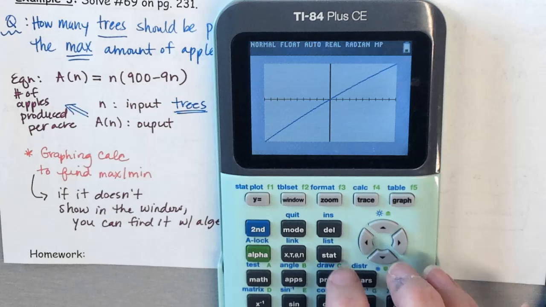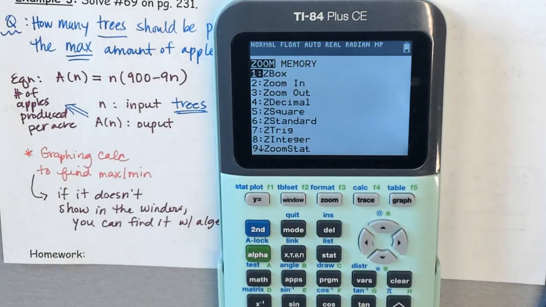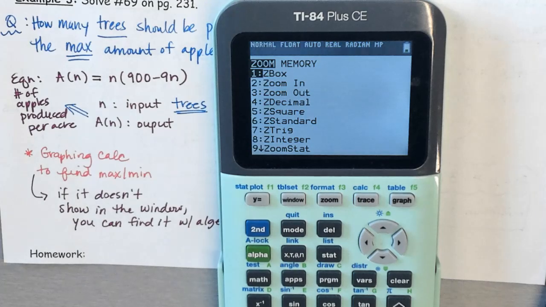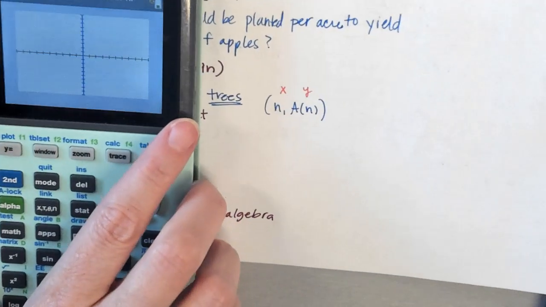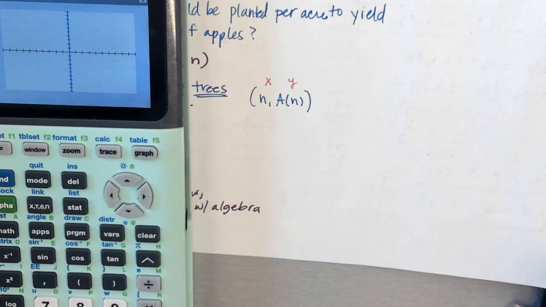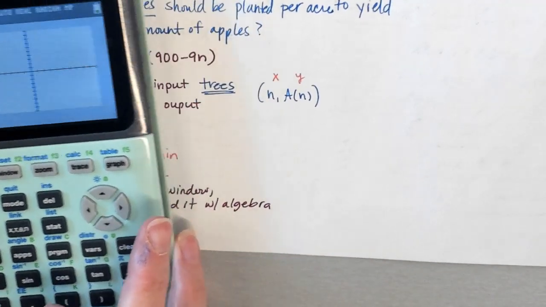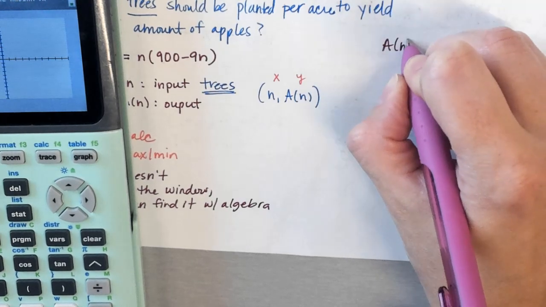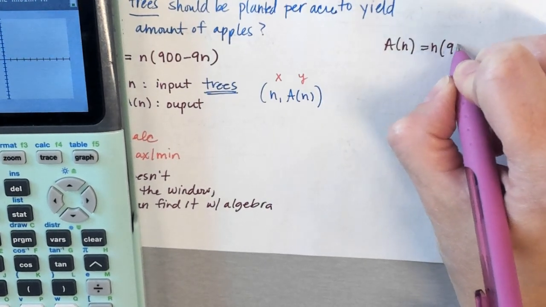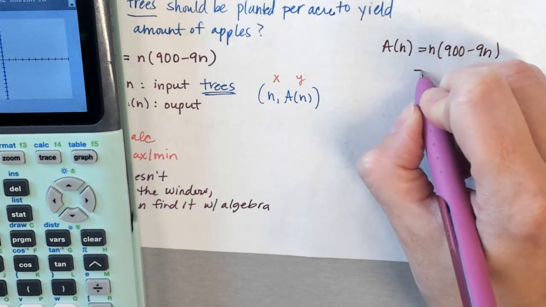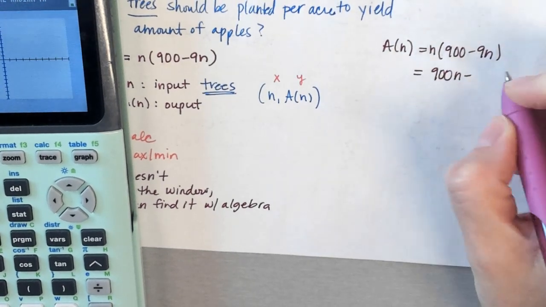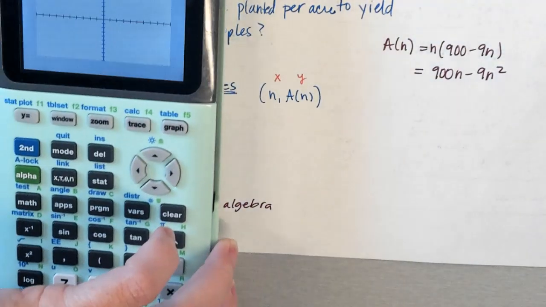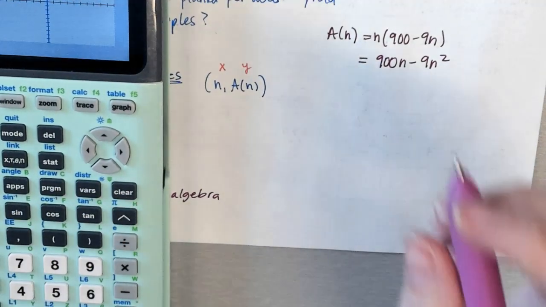So what I do to help me get a better window is I find the X value with algebra, because you already know what your equation is, right? So if you know that your equation is N times 900 minus 9N, can you find your A and your B from that equation and find the center?